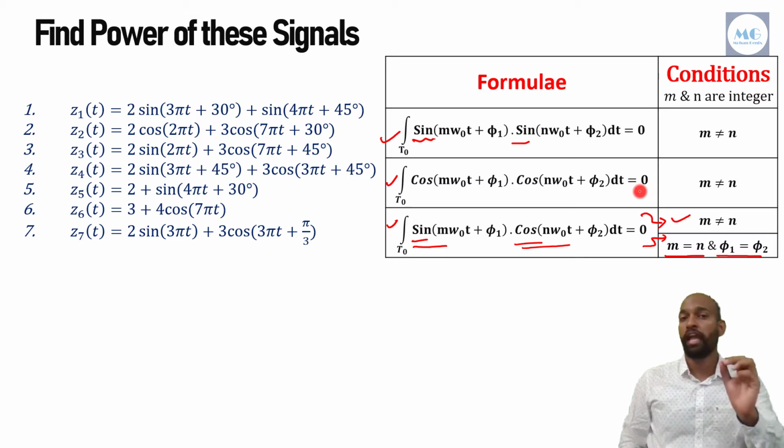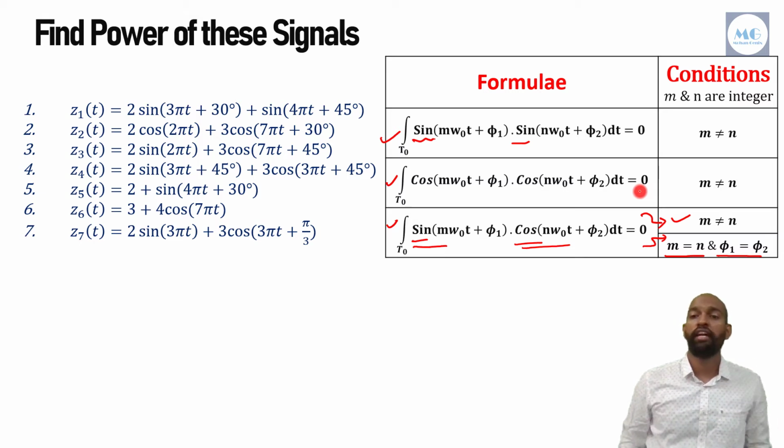Now one question can arise in your mind: what will happen if m is equal to n in these cases and also phi 1 is not equal to phi 2? What will be the formulas, or how can we solve those kinds of questions? For those I will give you one more format.